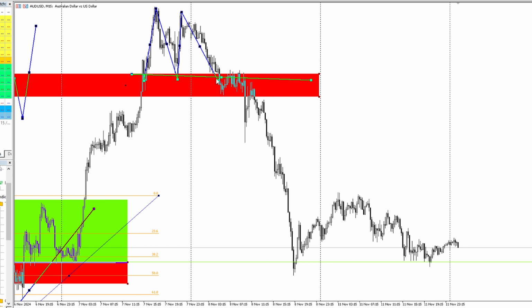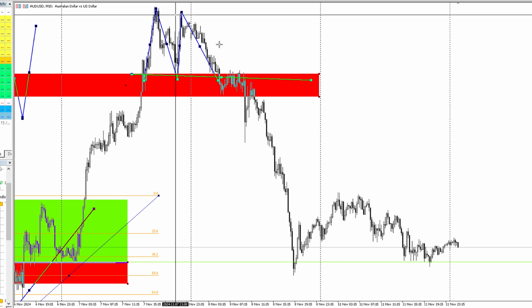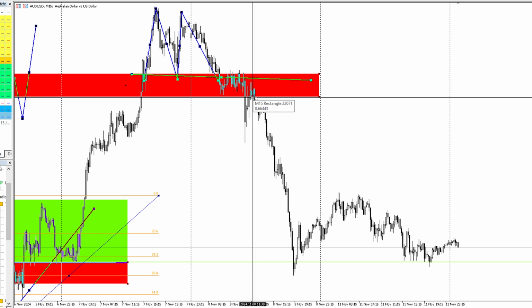I think you guys will remember that we were around here when we were doing the trading. At the time of recording the first part of the video, I think the market was somewhere around here, and we drew this zone, and the market has dropped all the way down. So you could have jumped in with a risk to reward 1:3.